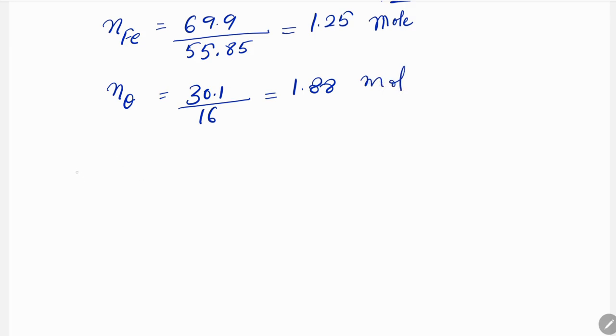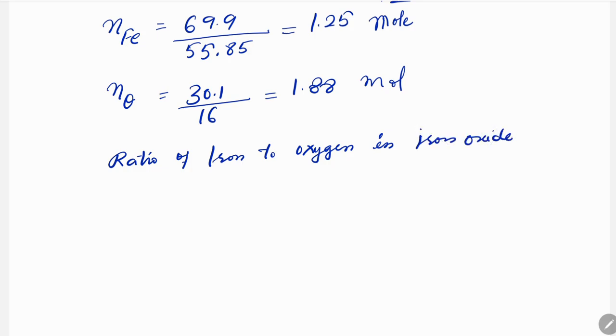Next we can convert it into the ratio. So the ratio of iron to oxygen in the iron oxide. We do not know which oxide it is, but we can calculate. The ratio of Fe to oxygen is 1.25 is to 1.88.